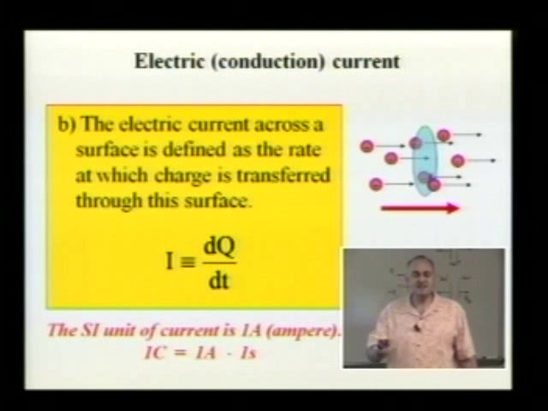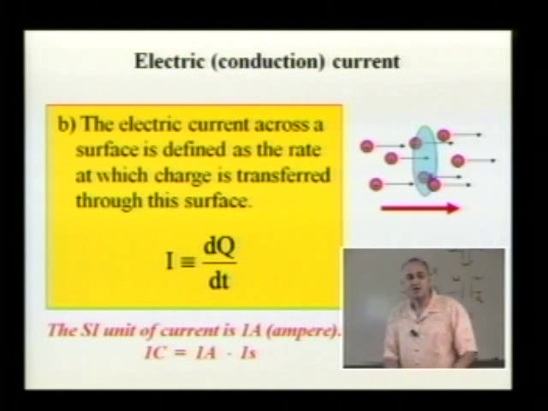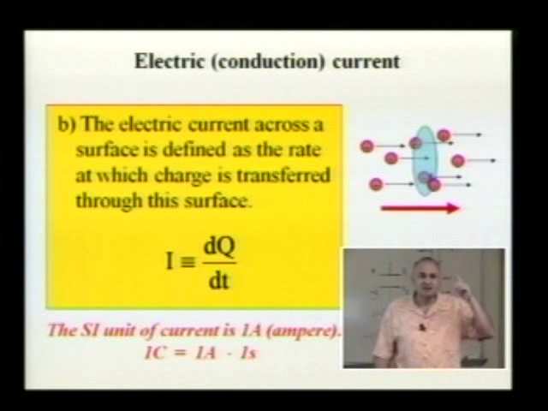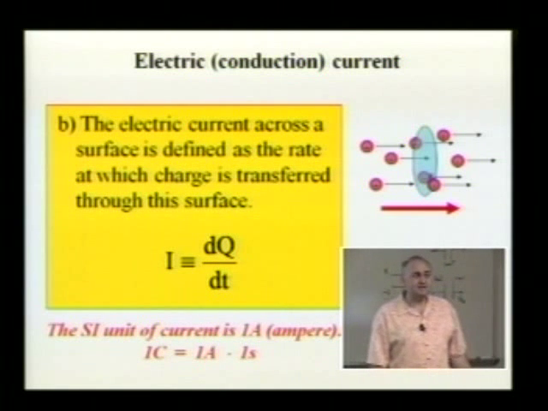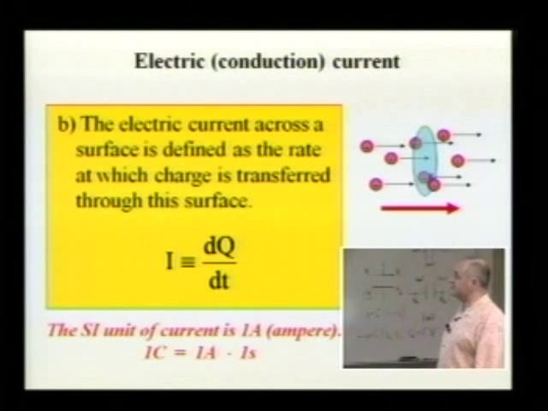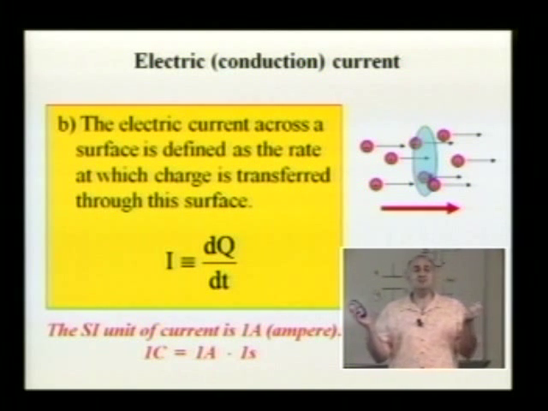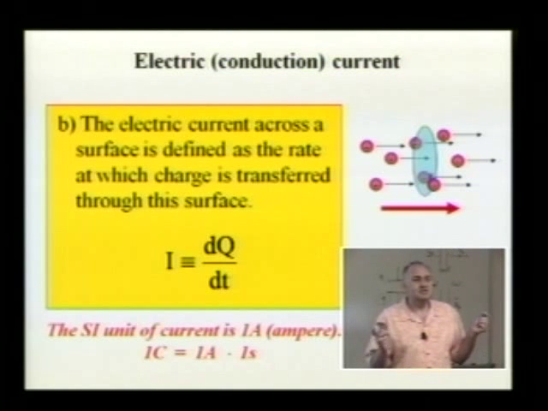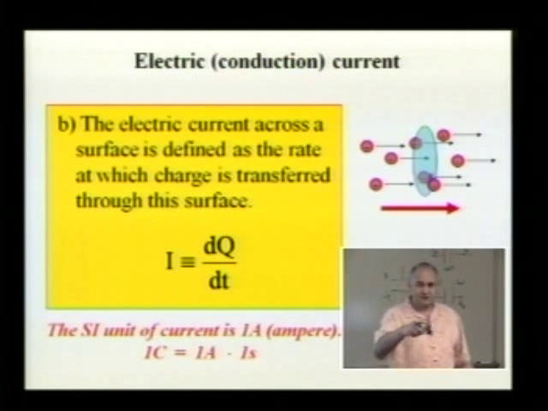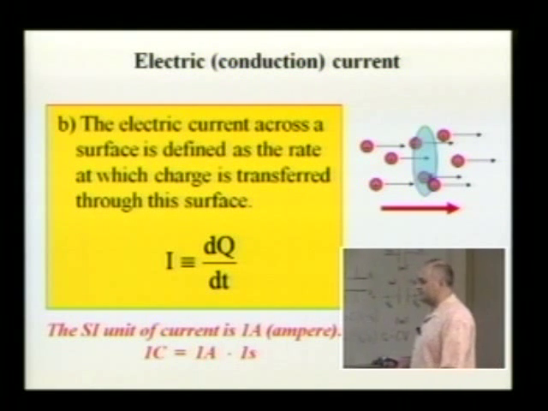Even if you don't say it, you have to keep in mind that it's electric current through a particular surface. Quite often you will say electric current in a wire. When you say that, you have to think about a certain surface in that wire, and we'll talk about it in the future.